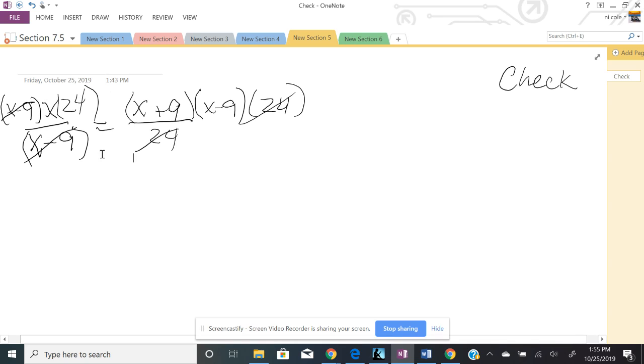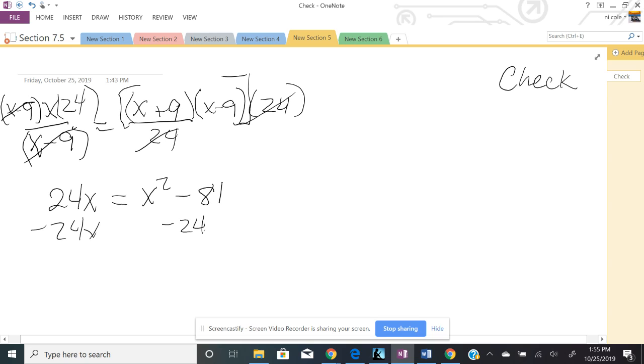So I'm left with x times 24, so 24x is equal to, and I just have this portion of it, so I would have x times x, which gives me x squared minus 81. Move the 24x to the other side of the equation. Now I will have 0 is equal to x squared minus 24x minus 81.